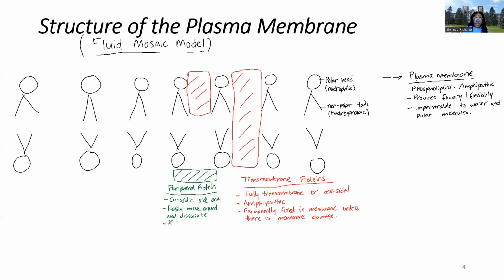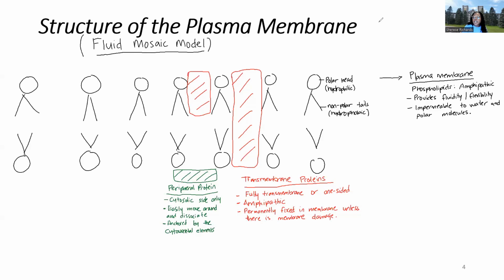So these guys are anchored by the cytoskeletal elements. Things like actin, etc., that are in the cell that help other proteins move around. They form the scaffolding in the cell. These are what help to anchor these proteins on the cytosolic face.